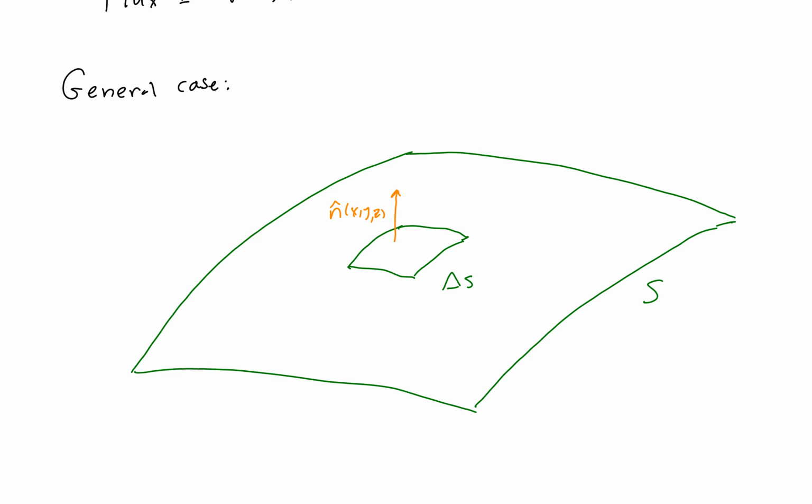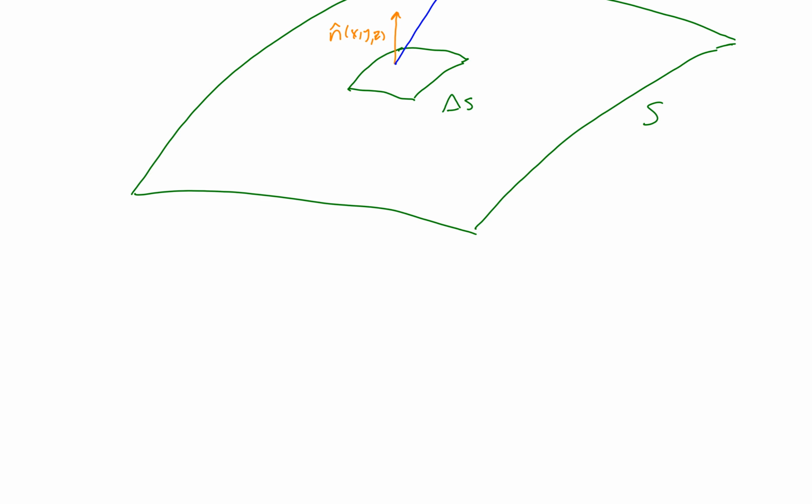And I'm going to have my velocity vector here that also varies with x, y, z. We're going to take those pieces to be very, very small. Let's set a vector delta S to be the surface area of this little piece times n hat at x, y, z, where we're choosing some x, y, z. This is all an approximation, and of course we'll take limits how we always do.